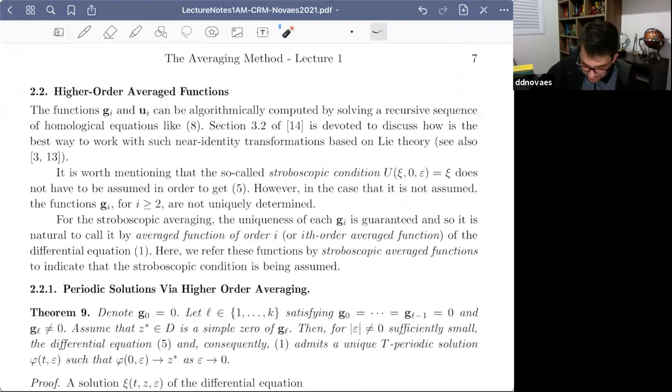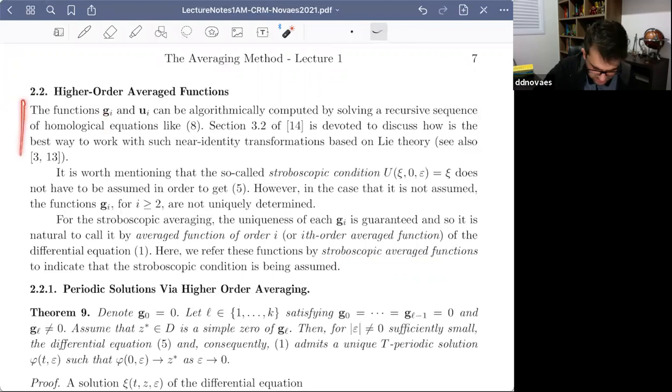I refer to this function as the stroboscopic average function because here we are assuming the stroboscopic condition. Eventually, if another condition is assumed, then this expression could be different. So I'm calling these functions stroboscopic average functions, or stroboscopic average function of order i for gi.